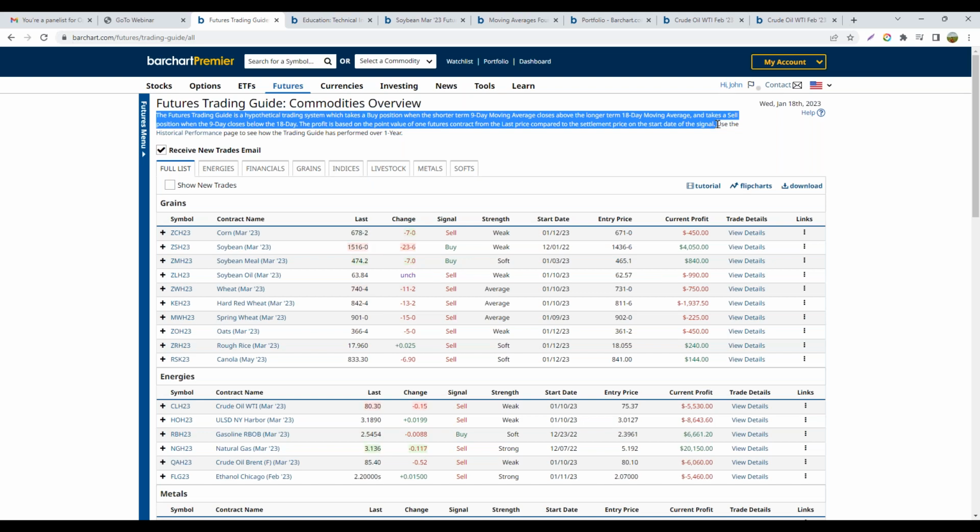In other words, it's based on price movement of these two moving averages. Two, the results that you're going to look at on this page are based on one futures contract. Three, the date of the crossover signal uses the settlement price on that signal day.